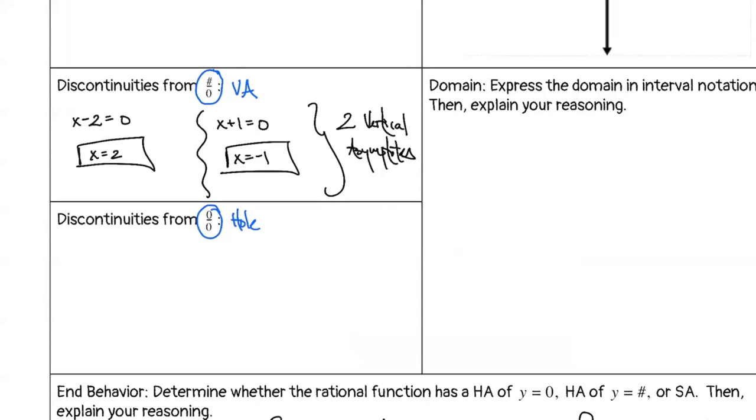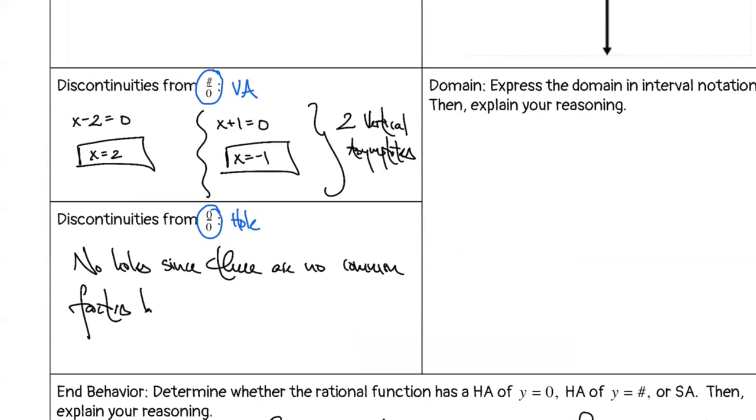Now, what about the discontinuities from 0 over 0? We didn't have any common factors between the numerator and the denominator. So here we can say no holes since there are no common factors between the numerator and denominator, right?